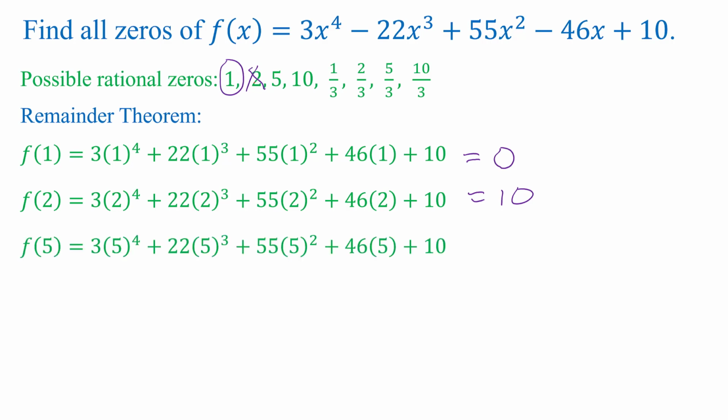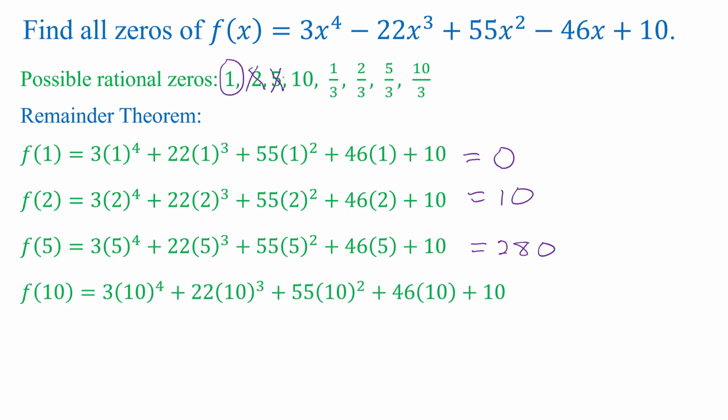What about 5? f of 5 is equal to 280, not the 0 that we're looking for. So 5 is not a zero here. What about 10? f of 10 is equal to a huge number, 13,050. So again, x equals 10 is not a zero.